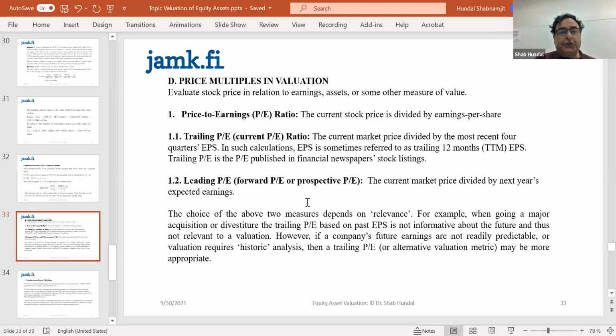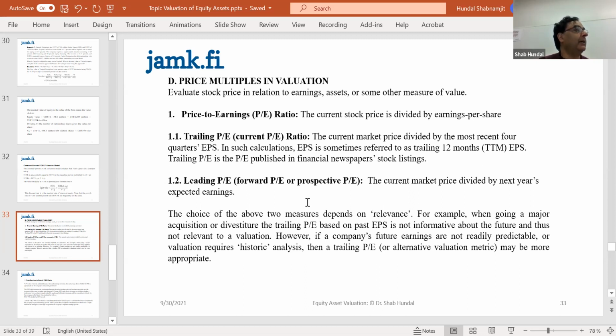Some researchers use the trailing price to earnings ratio. Trailing means there's a time delay. The current market price is divided by the most recent four quarters' earnings per share.